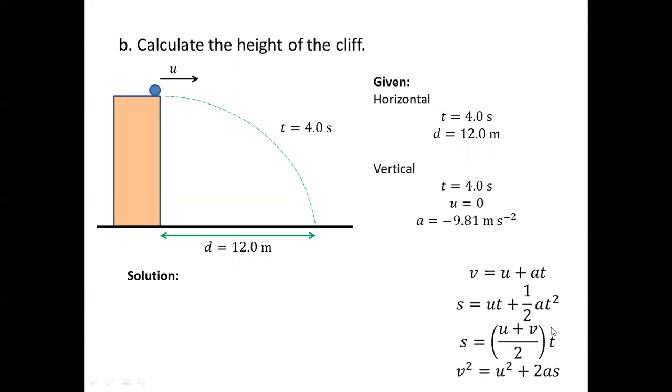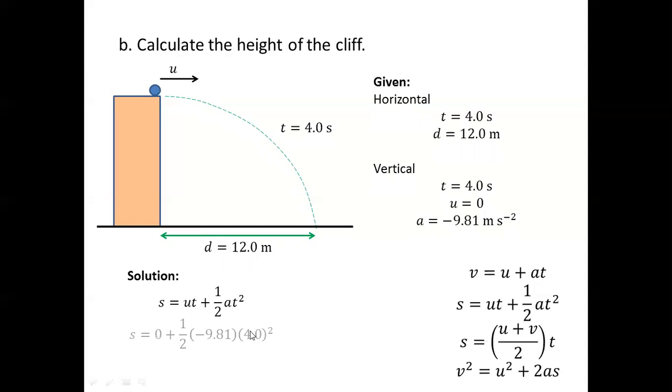Notice that equations 3 and 4 both contain the final velocity. Again, this is the final velocity for the vertical motion. The final velocity is not known as of the moment, which means we can use equation number 2 to solve this problem.